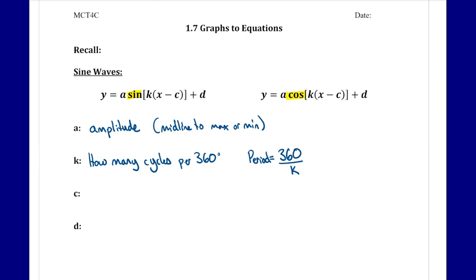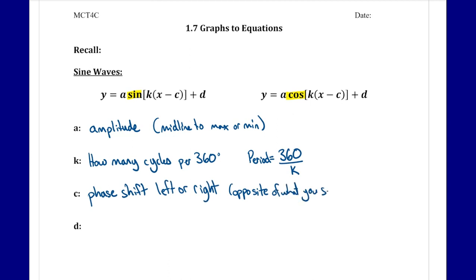c tells us whether it's a phase shift left or right. And it's going to be the opposite of what we see. The reason for that is, we have our general function here, and in general, there's already a minus. It's already minus c.